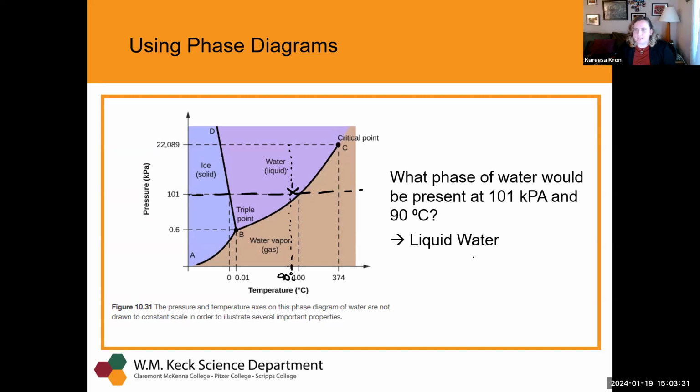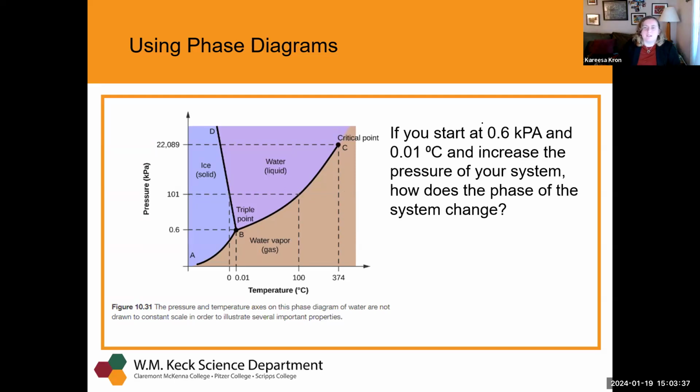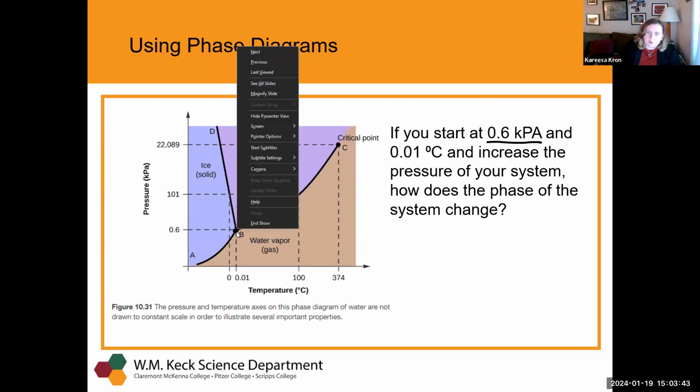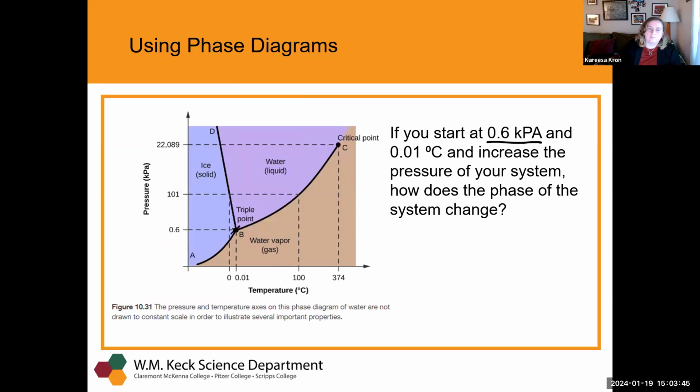Another thing that it lets us do is see how our phases can change if we change temperature or pressure. So if I start at 0.6 kilopascals and 0.01 degrees C, or I start at the triple point here, and I increase the pressure of my system, how does the phase change? So if my temperature stays the same, but I increase the pressure, what happens?